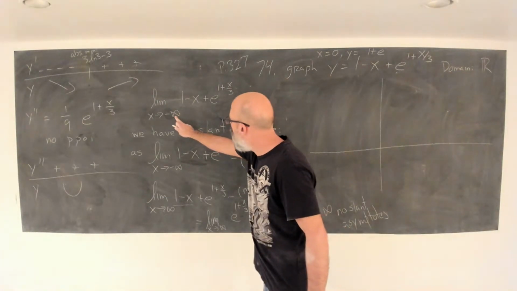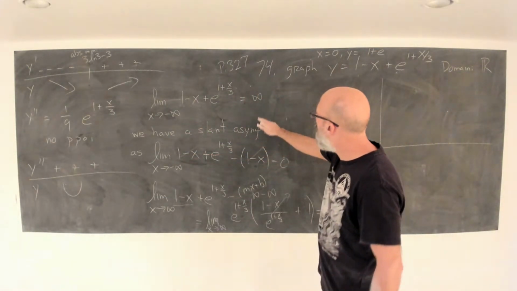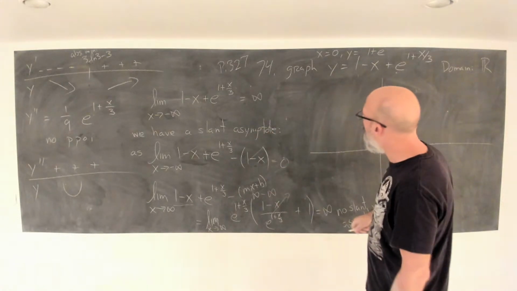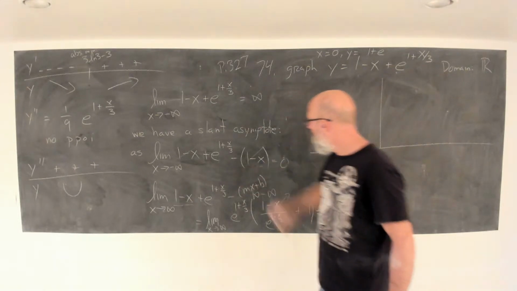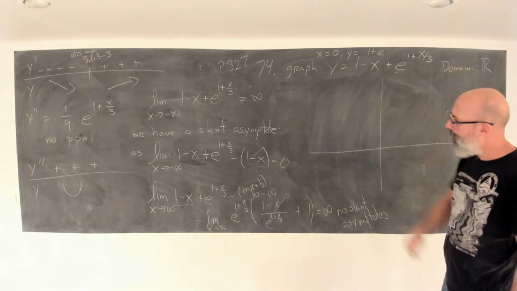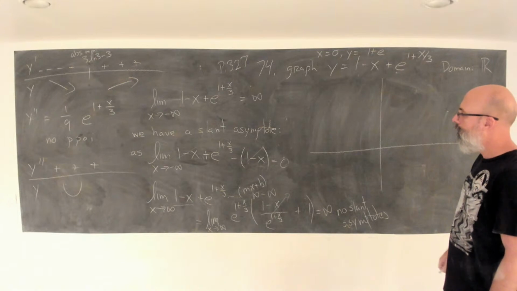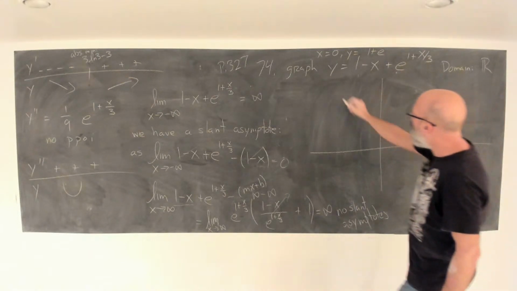The limit as x goes to negative infinity was infinity, but we saw that we had a slant asymptote of 1 minus x. So if you graph 1 minus x, you know what that looks like.